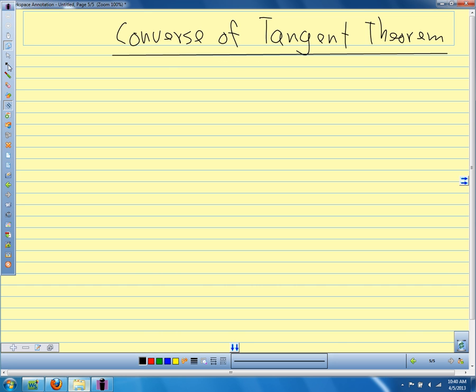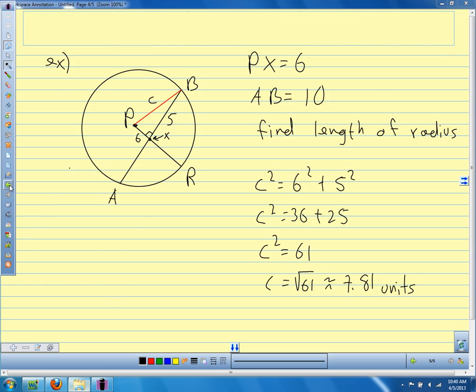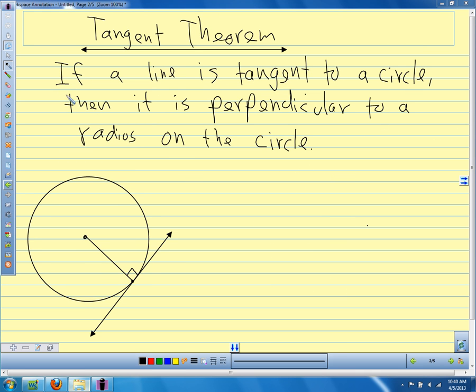If we have an if-then, what do we do to get a converse? Switch them around. So let's go back to the tangent theorem. Our tangent theorem said if a line is tangent to a circle, then it is perpendicular to a radius. So how do we switch that around?